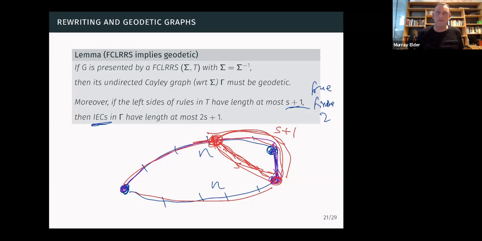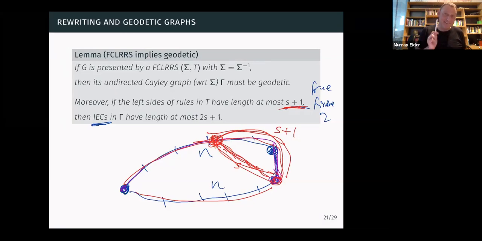It takes a little bit, but I wanted to give you just the first flavor of how these arguments will go. Okay, so if my left-hand sides have a certain bounded length, then that tells me something about the isometrically embedded circuits. And don't make the mistake that Mikkel made to just talk about general embedded circuits, because we can't say anything about a general embedded circuit.